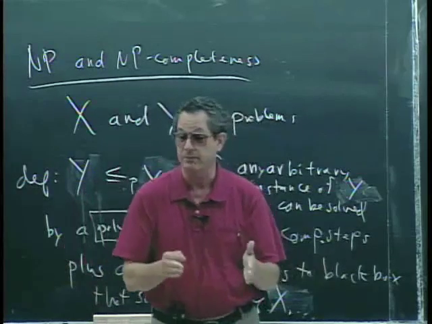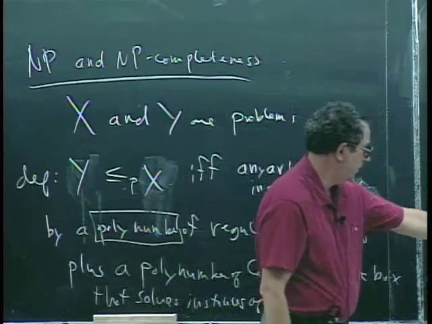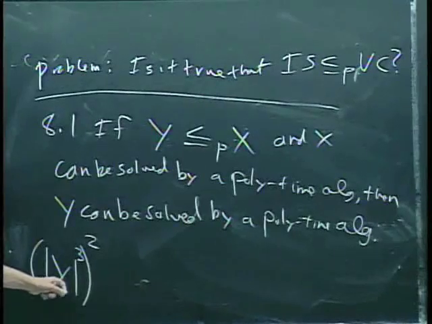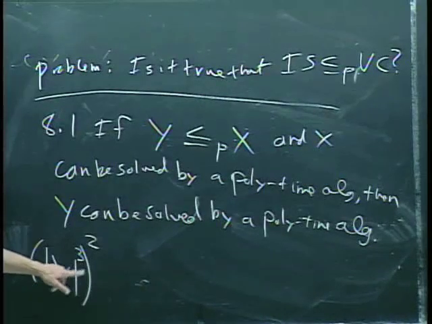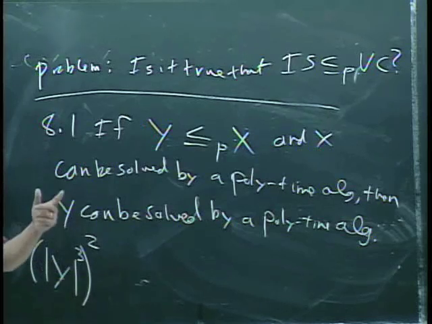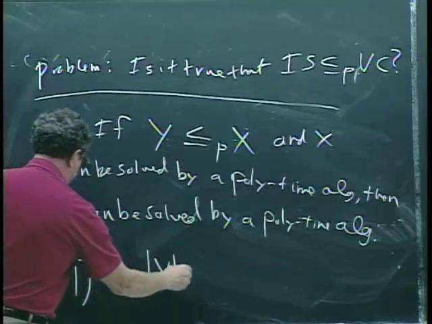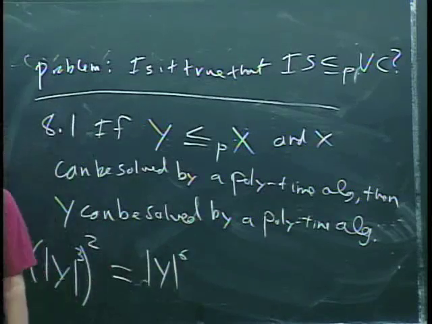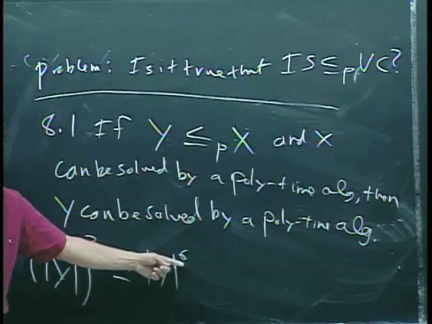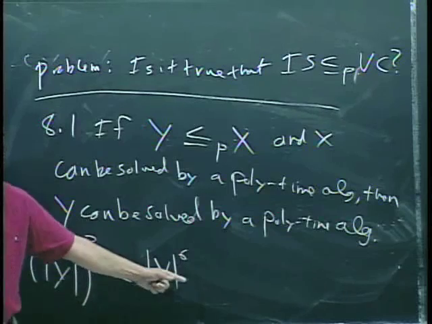It's quadratic in its input size, but its input size is certainly no bigger than the time that was taken to set up the instance. So we have y cubed squared, which is equal to y to the 6th, right? Not to the 9th. And that's still a polynomial. Okay, so a polynomial of a polynomial is a polynomial.